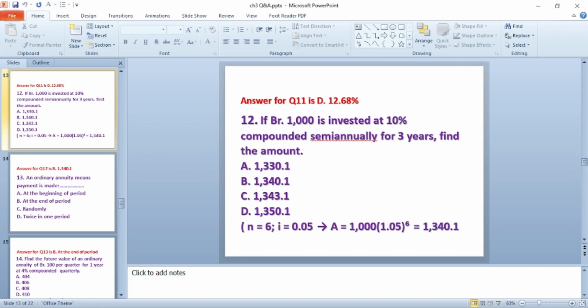So amount is equal to 1,000 times 1.05 to the power of 6, which is equal to 1,314.1. The answer is B.